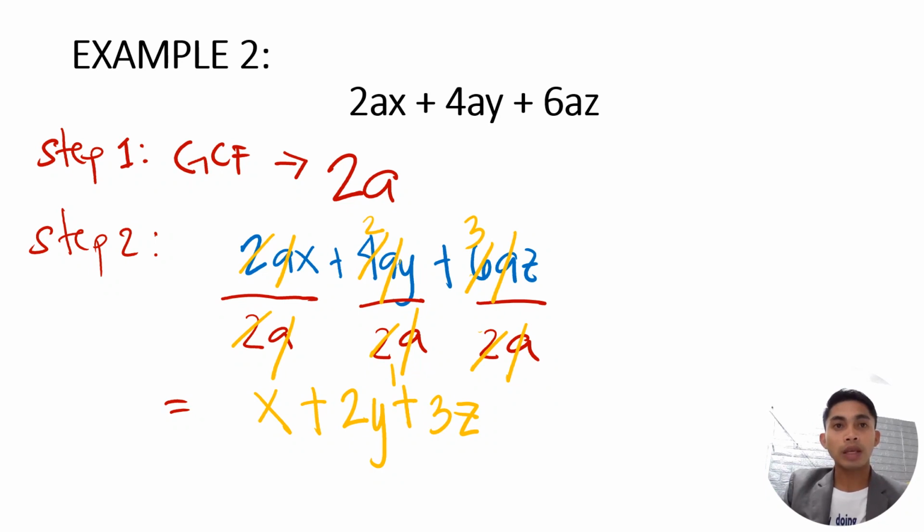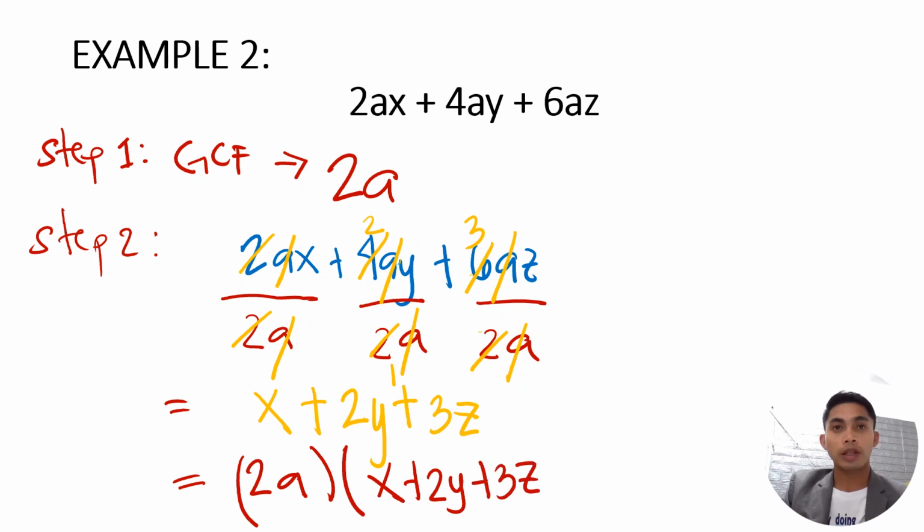So simply, we need to find the given factors. So we have the GCF, which is 2a, times x plus 2y plus 3z.